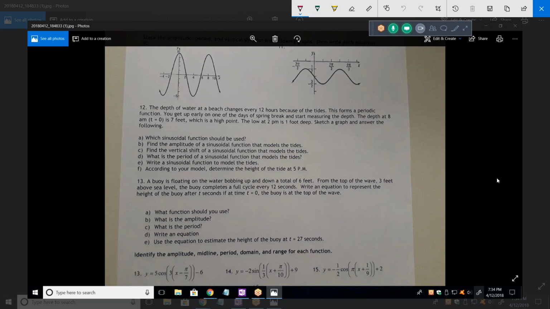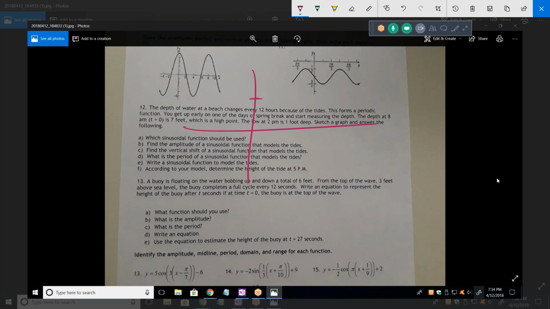From the top of the wave, 3 feet above sea level, the buoy completes a full cycle every 12 seconds. Write an equation to represent the height of the buoy, and at t equals 0, it's the top of the wave.